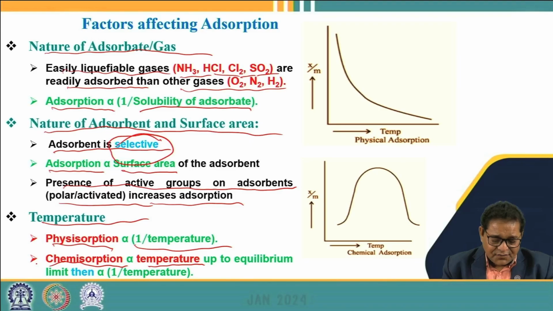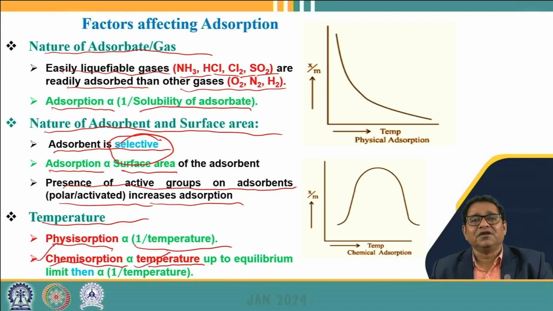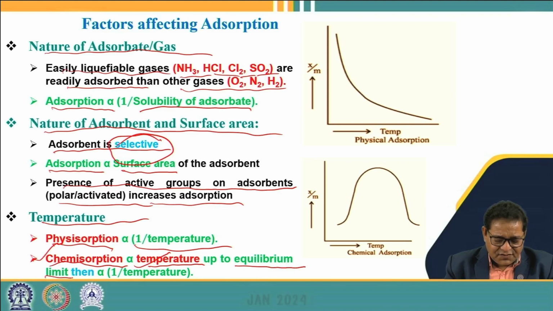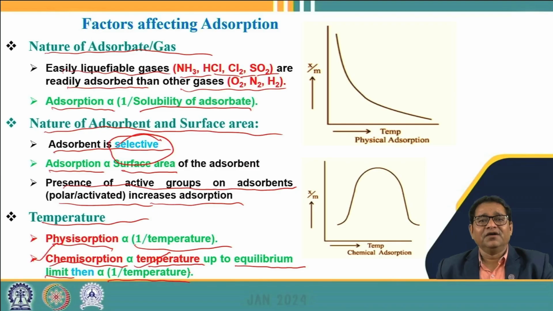So the chemisorption process, basically, is endothermic in nature, so it will increase if the temperature increases, and if the temperature decreases, the rate of adsorption will also decrease. And this happens till the equilibrium is achieved. And after the equilibrium, this chemisorption process, again, is inversely proportional to the temperature.